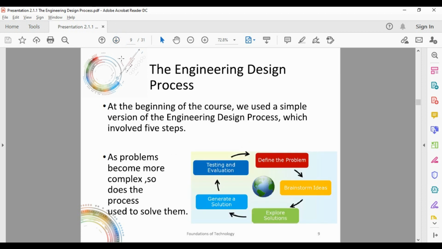When we first started this course and we mentioned the EDP, we talked about it in these 5 steps. But as the problems become more complex, so does the process to solve them. If we were to sketch out all of the steps, you might see cycles within cycles and loops within loops and different elements if you try and track it out.